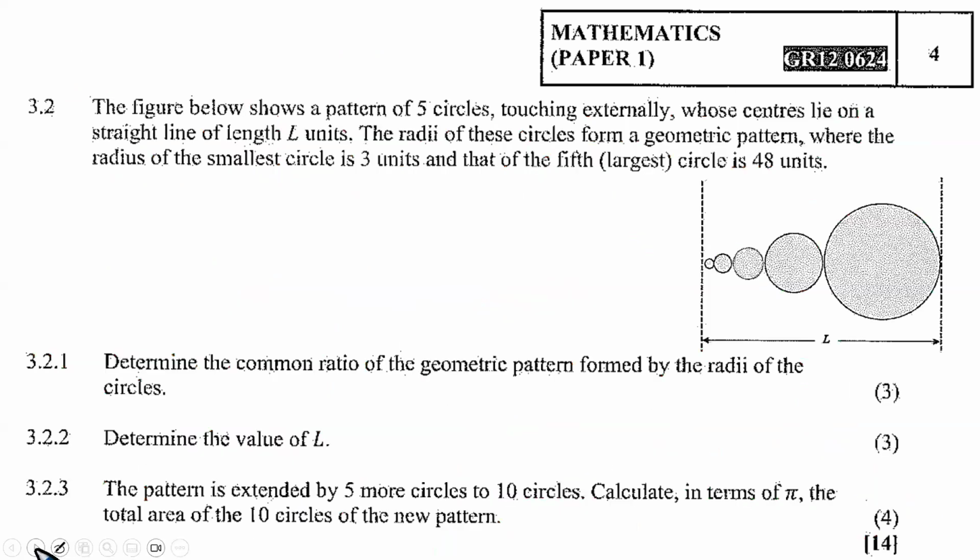Next point. Okay, 3.2. The figure below shows a pattern of 5 circles touching externally. So now you have 1, 2, 3, 4, 5.